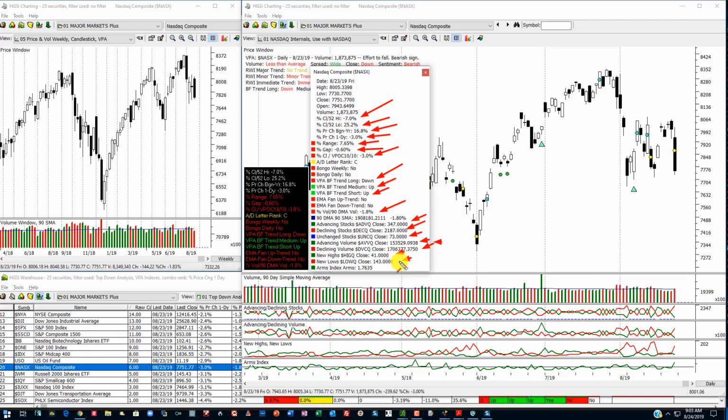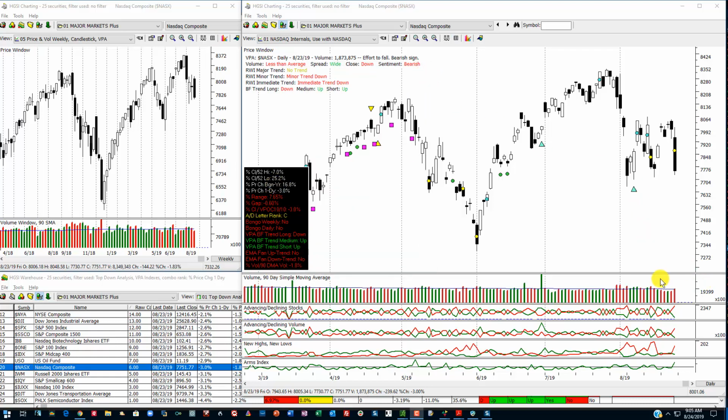New highs are 41, new lows 143, and the ARMS was extremely negative. Okay, now let me go over this. I guess most of this has already been covered, so I won't cover that. And that information that I just showed you corresponds to these lines down here.